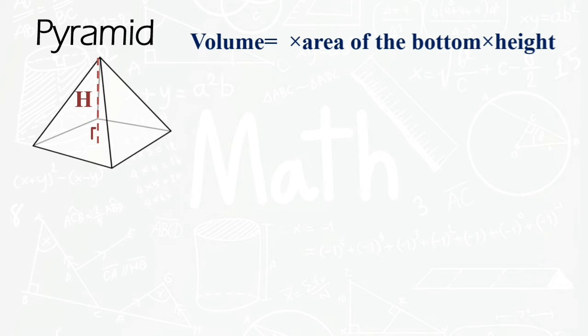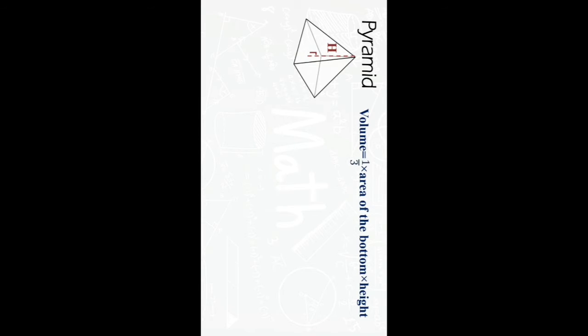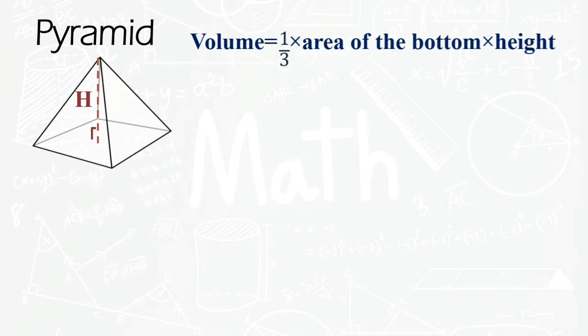So therefore you can multiply this same equation by 1/3. So there's nothing to remember. You have to remember only one equation, that is volume equals area of the bottom into height. If the solid is not regular, you have to multiply it by 1/3.